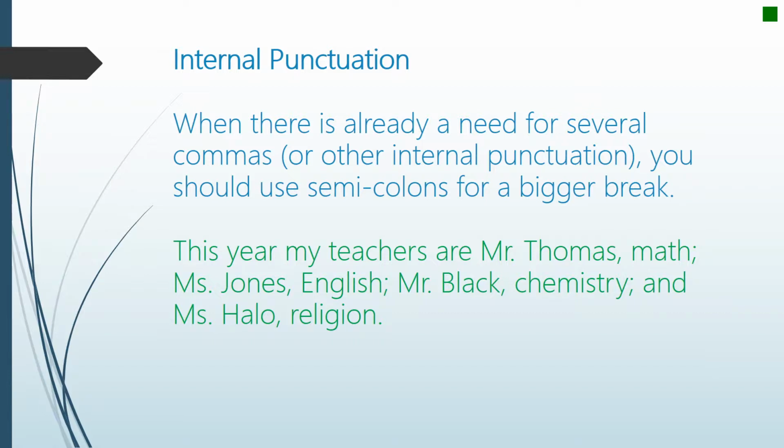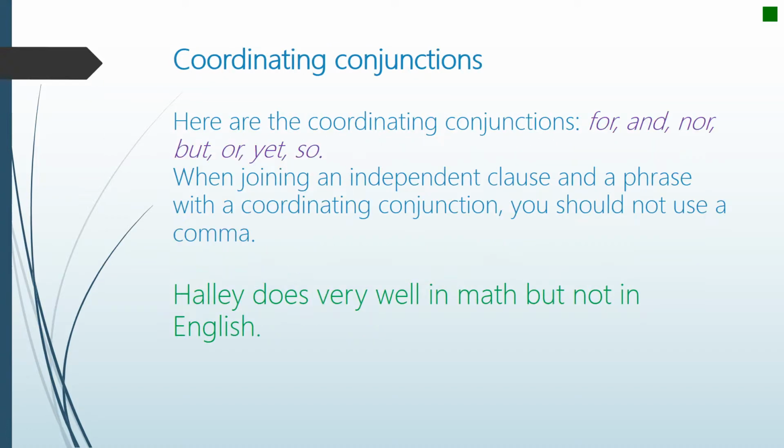So this year, my teachers are Mr. Thomas, comma, math, semicolon, Ms. Jones, comma, English, semicolon, Mr. Black, comma, chemistry, semicolon, and Ms. Halo, comma, religion. So each teacher and subject are combined with a comma, and then the semicolons are used to give a bigger break between those larger separations in the list.